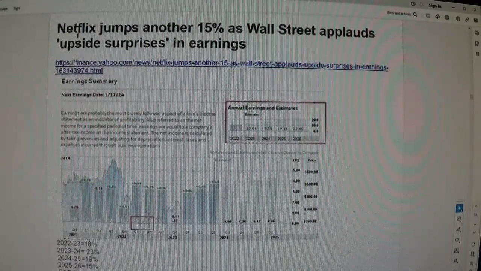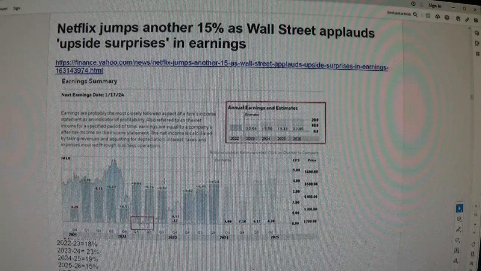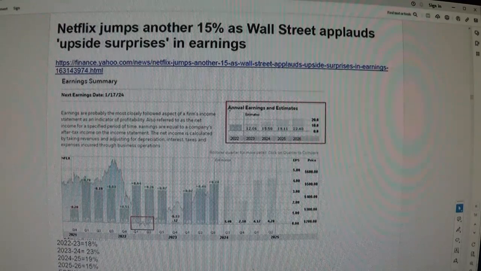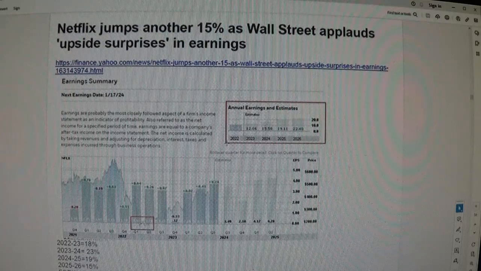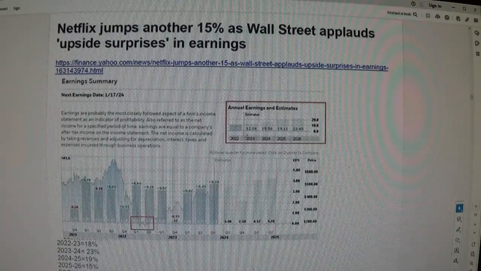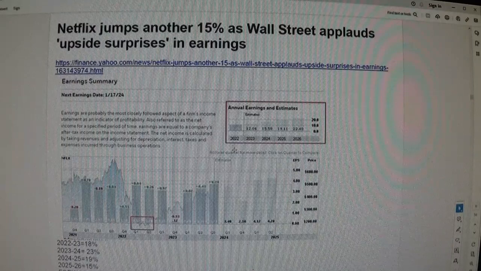Okay, so I had an article, Netflix jumps another 15% as Wall Street applauds upside surprises. Okay, we've been following this stock. It's been very volatile. They've had a couple things wrong with the company. People have been sharing passwords, and they've had problems with competition with Disney and Google, YouTube, and so they also had this paid subscriber and then ad-funded subscriber.